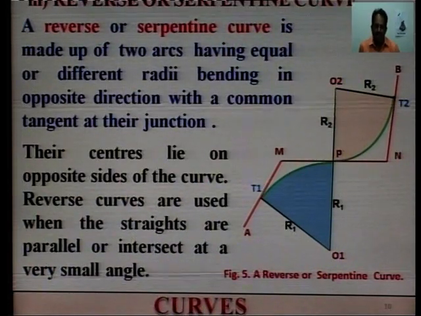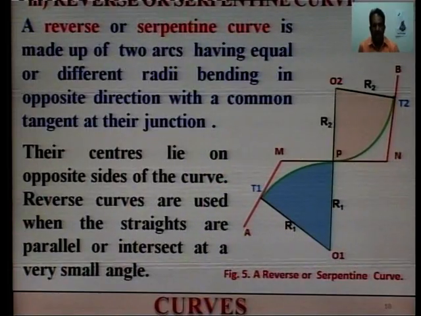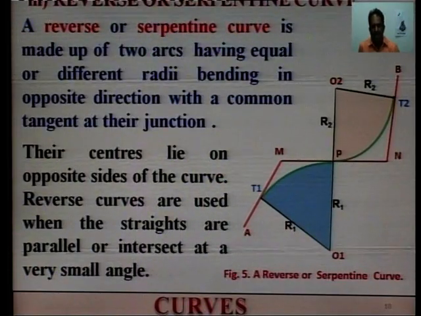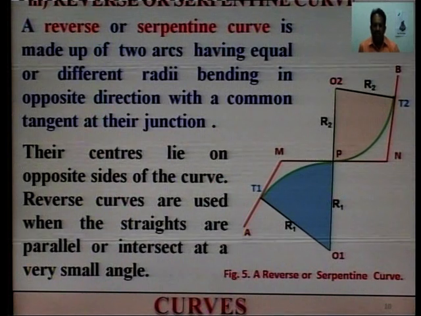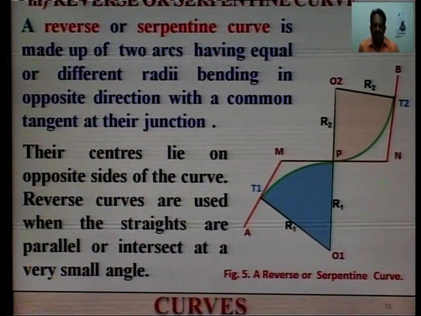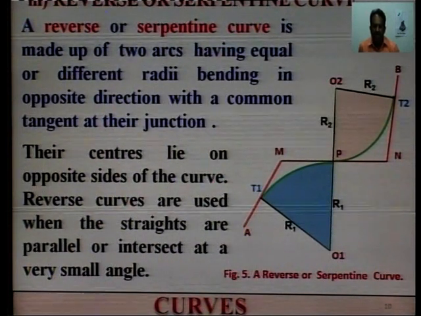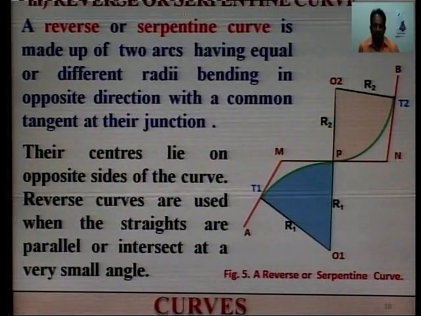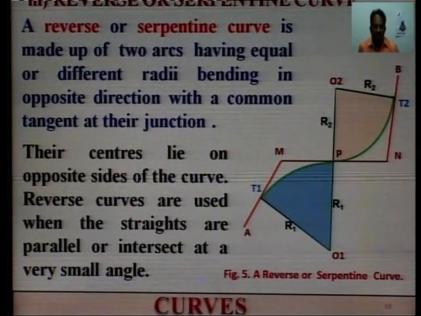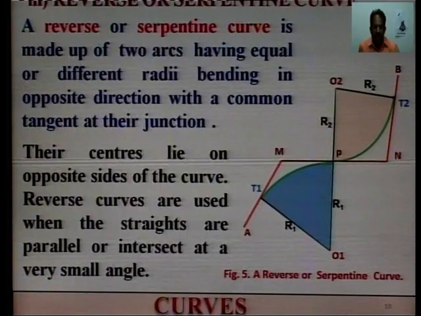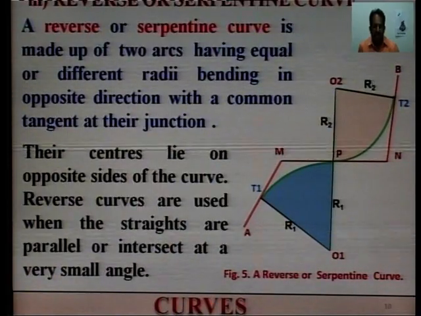Their centers lie on the opposite sides of the curve as is shown on your screen. O1 center is on the lower side and O2 center is on the upper side.